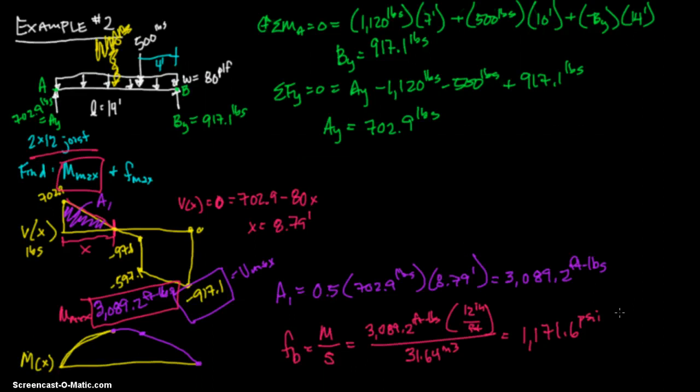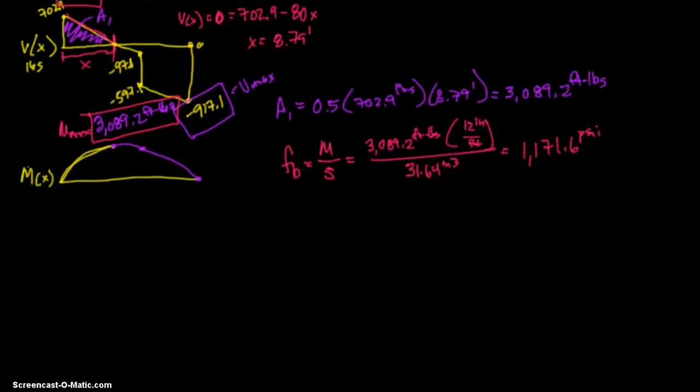They said the maximum fiber stress equals 1170. 1171, close enough. So we're good. We are good for bending. Let's take a quick look at the shear stress. The horizontal shear, at least.